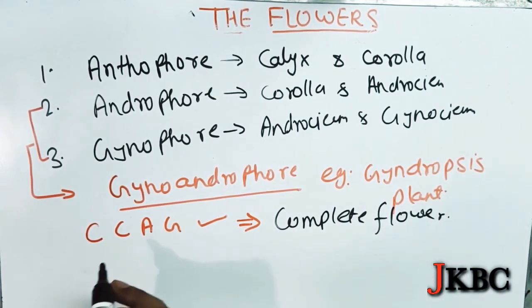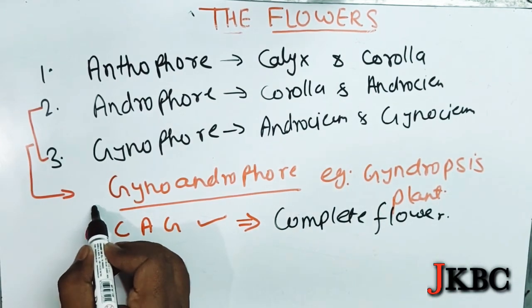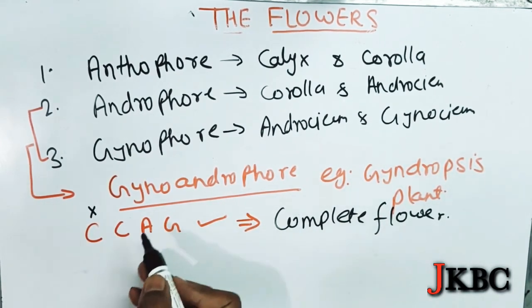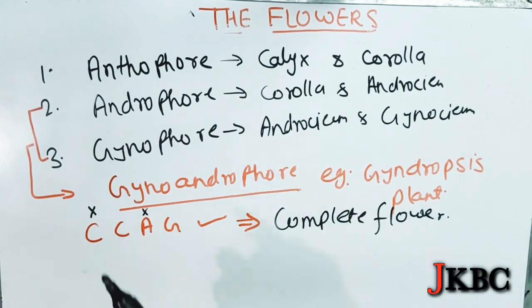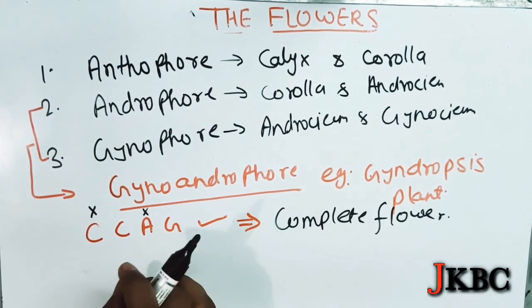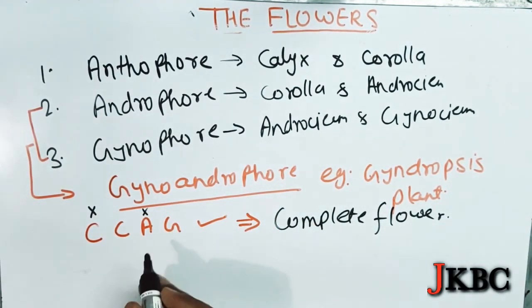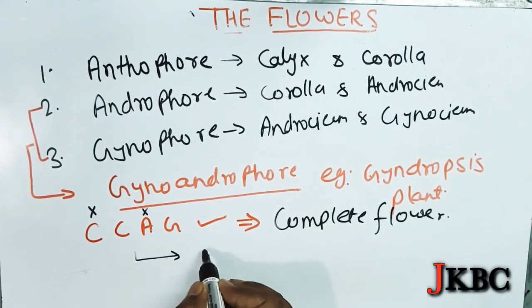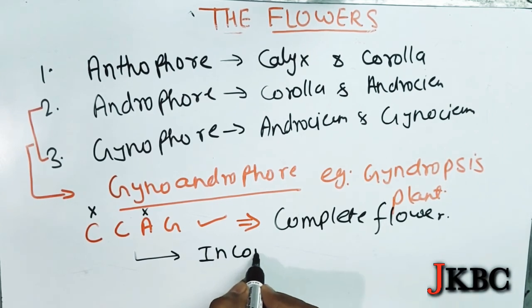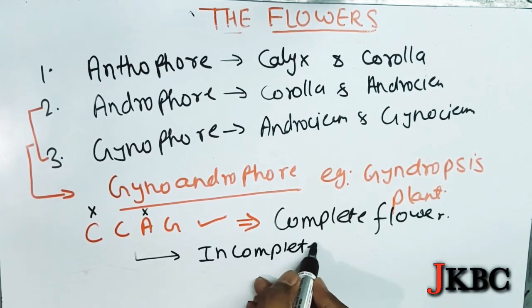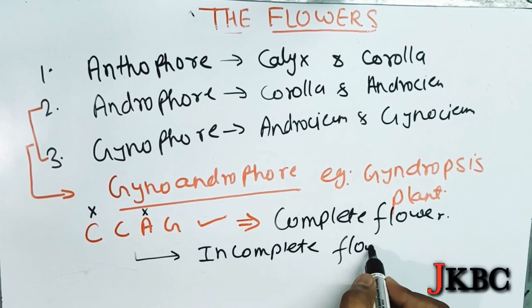If any one is absent, like the calyx is absent, or the androecium is absent, as you know about different types of plants that have only androecium or only gynoecium, then this condition is called an incomplete flower.